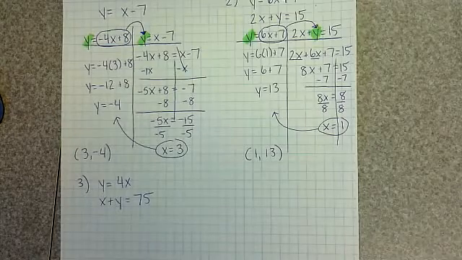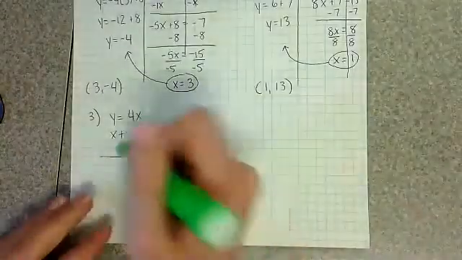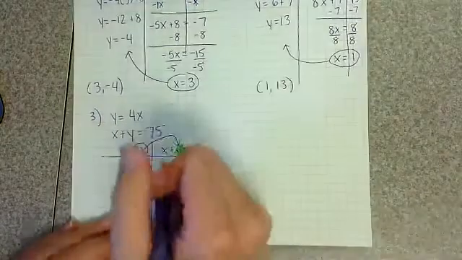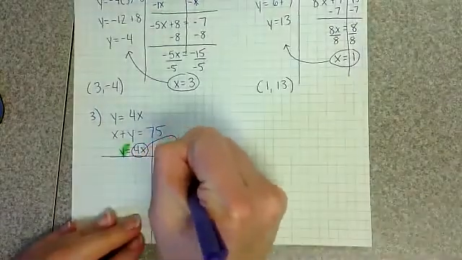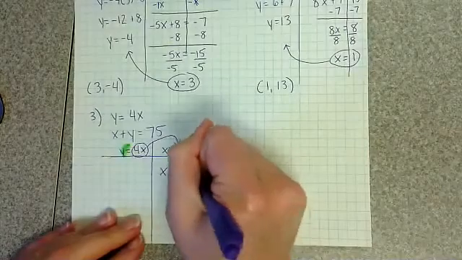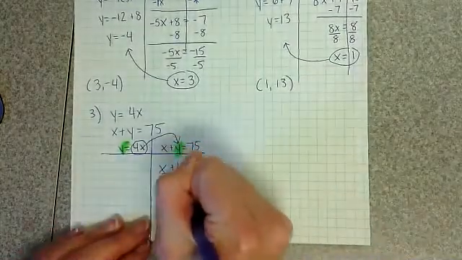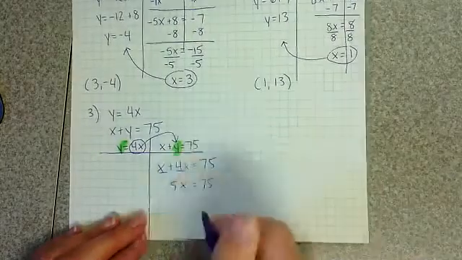So taking a look at 3, here's my y equals. Since it's y equals, it's going to go in for y. My x drops down. 4x goes in for y equals 75. Put them together to get 5x.